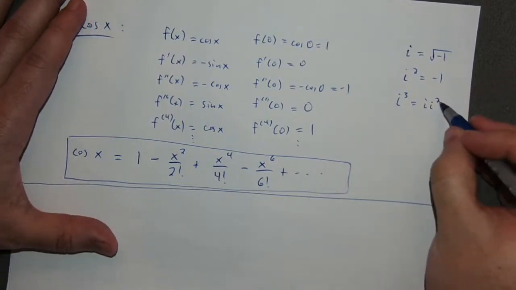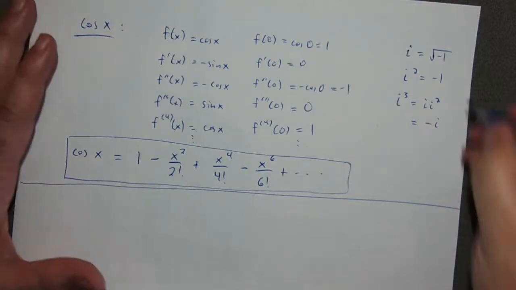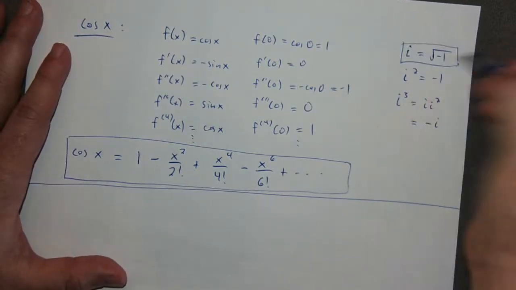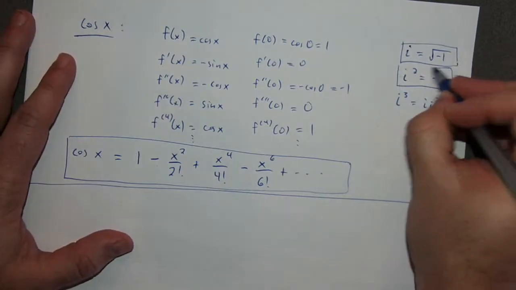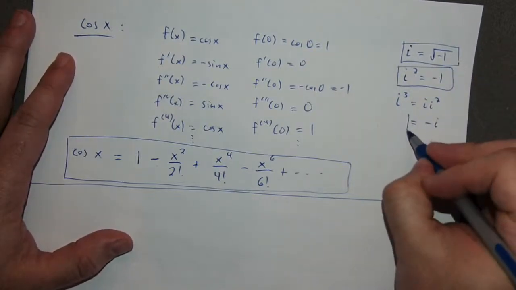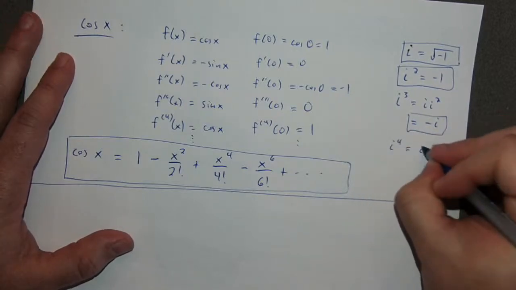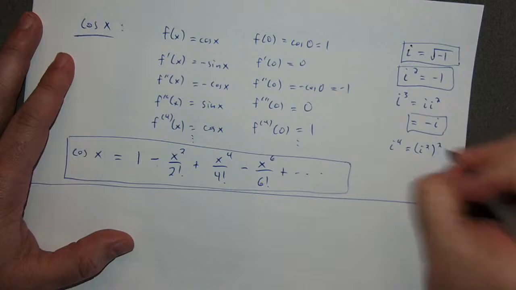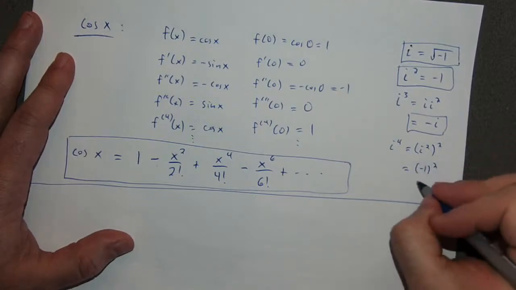But i squared is minus 1, so this is really minus i. So i is just the square root of minus 1, and i squared is minus 1. i cubed is minus i. i to the fourth is i squared squared, which is minus 1 squared, which is 1.